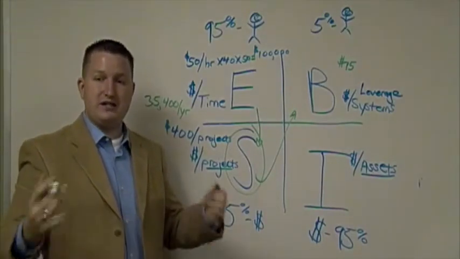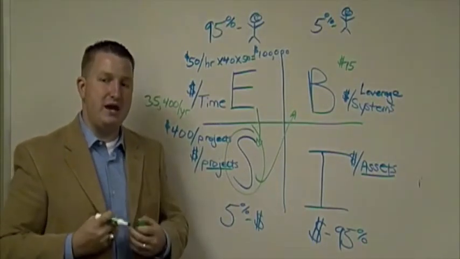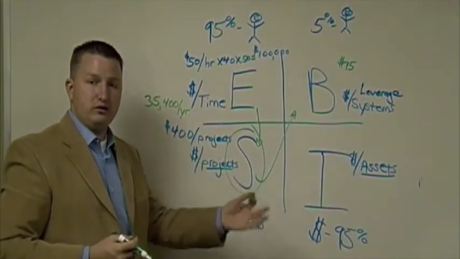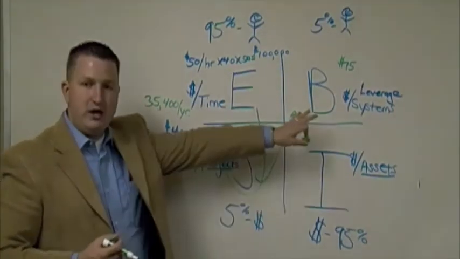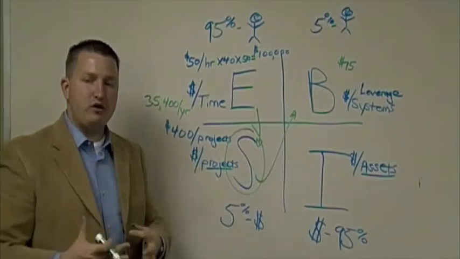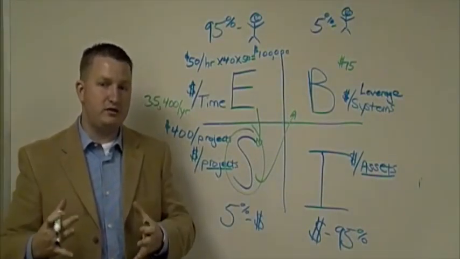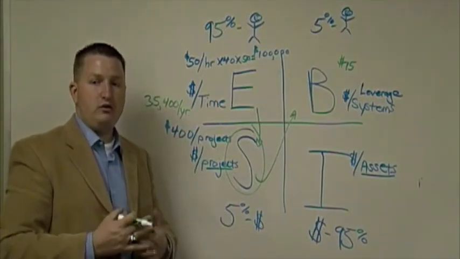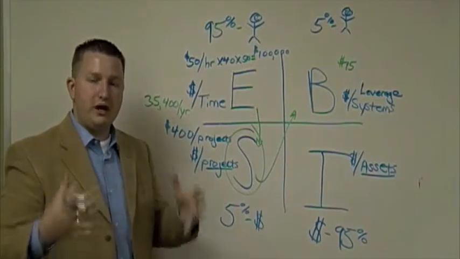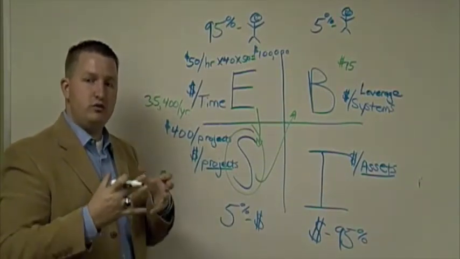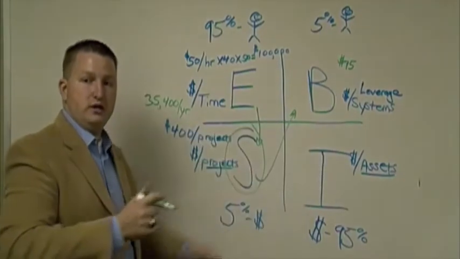Our system, as it gets bigger and bigger, we can make more and more money, and it doesn't take any more of my time in order to manage that. That's the big difference between being self-employed and being a business owner, is that you have a leveraged system that you can plug into. Just think about the McDonald's example that we used before. Whether you own 1 McDonald's or 10 McDonald's or 100 McDonald's, you're leveraging yourself through the use of that system. And that's what we get paid on as business owners.